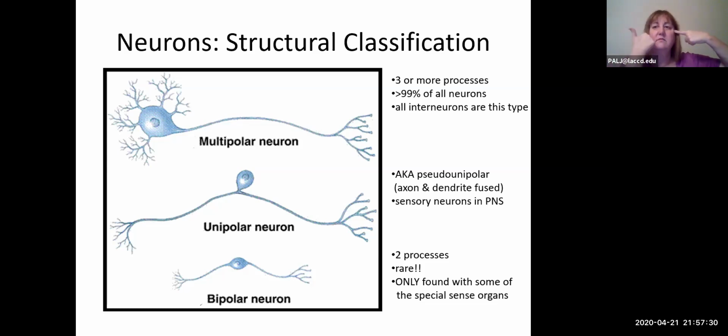Well, I guess I should put it like this, because incoming and outgoing. So these are only found in some of the sense organs. So we come back later and we talk about the senses, especially special senses. I will be pointing out, look, bipolar neuron, here's another bipolar neuron. And so until we hear about that, just know what they are, but nothing we are discussing is going to be a bipolar neuron until we get to special senses.